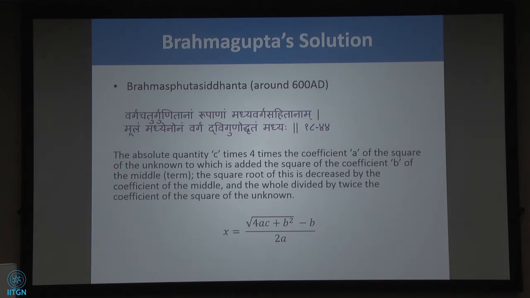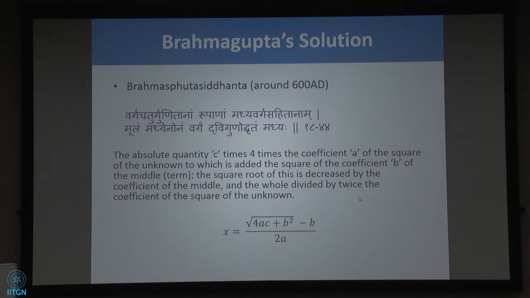To that you add the varga of the madhya, which is b. So you add b square. Moolam. Take the square root of that. Madhyena unam. Unam is reduced by the madhya. That's your minus b. And then divided by vargasya dviguna. So that is 2 times the coefficient of the varga.